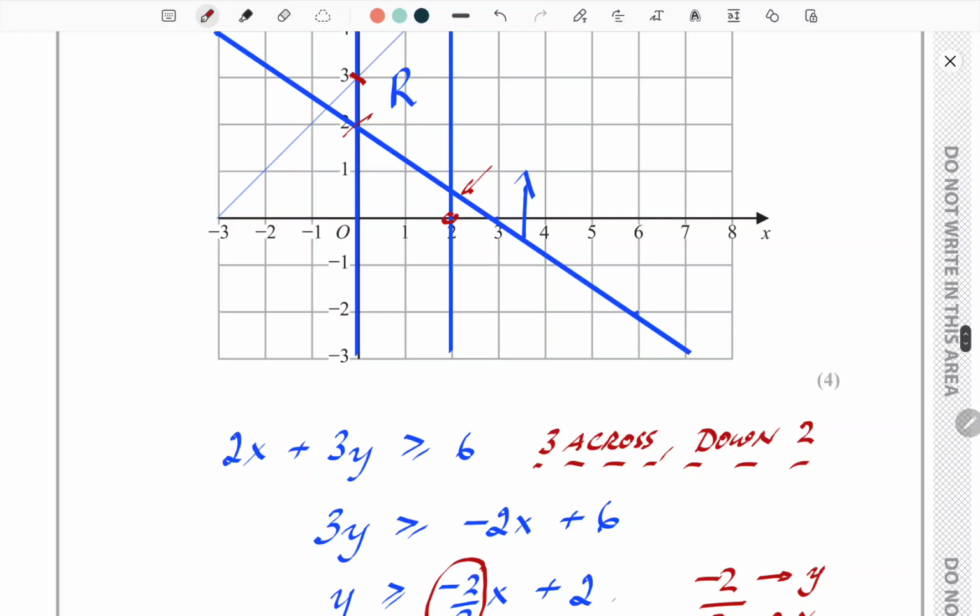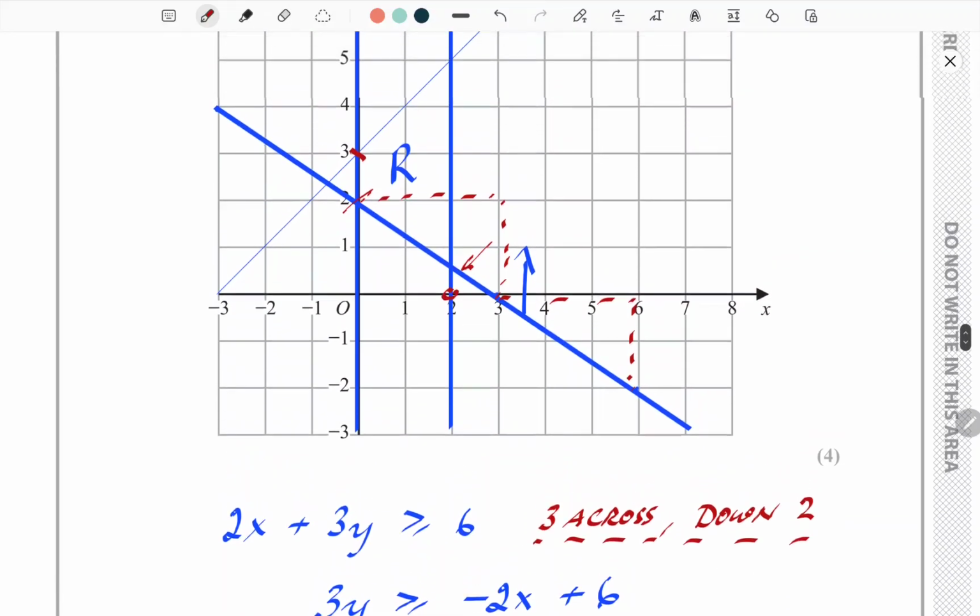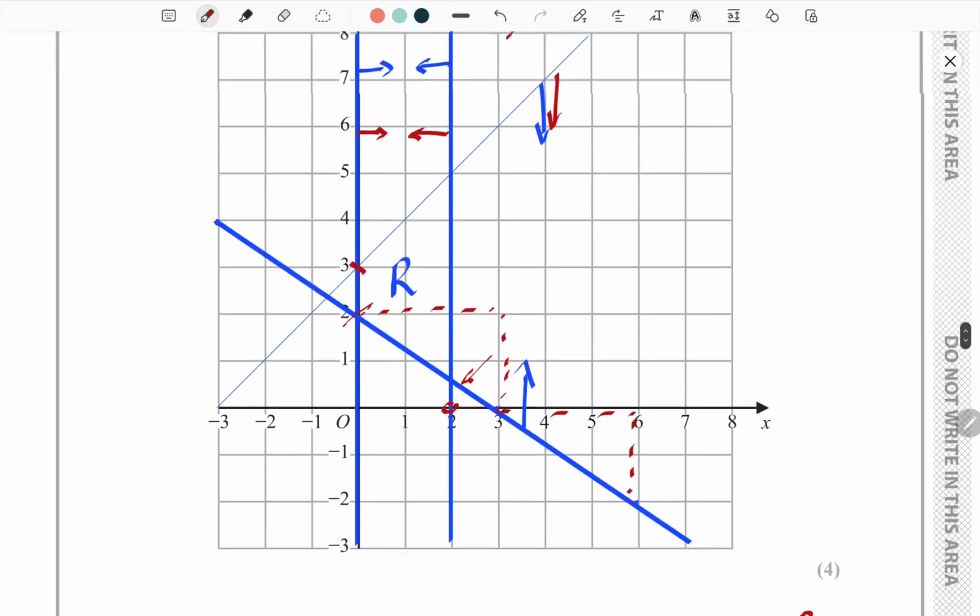So 3 right, down 2. From there, we've gone, for example, 3 across and down 2. That's your next point. Keep repeating that process and you get a straight line. Hopefully that makes a little sense to you in these particular types of questions.